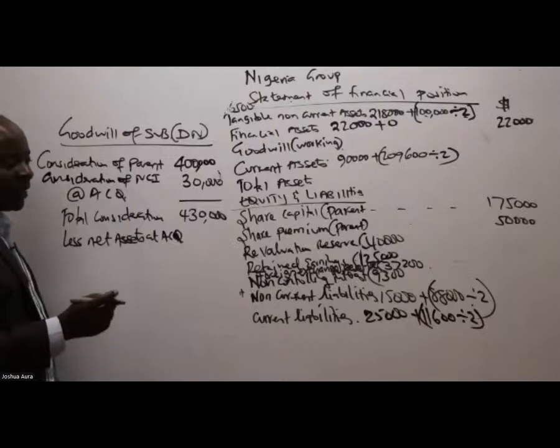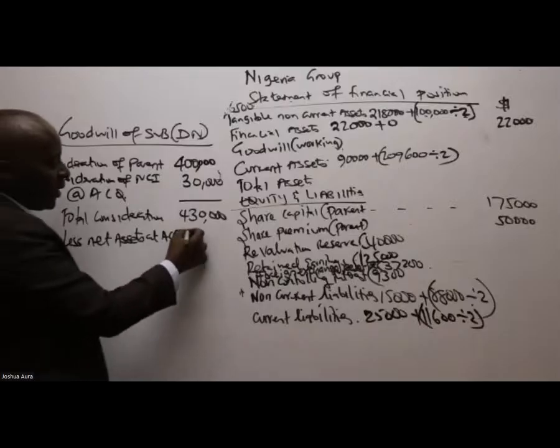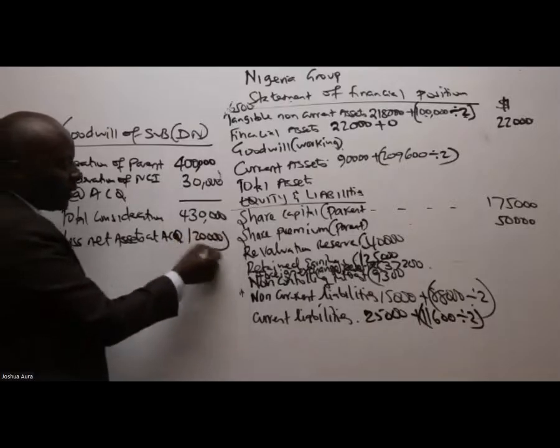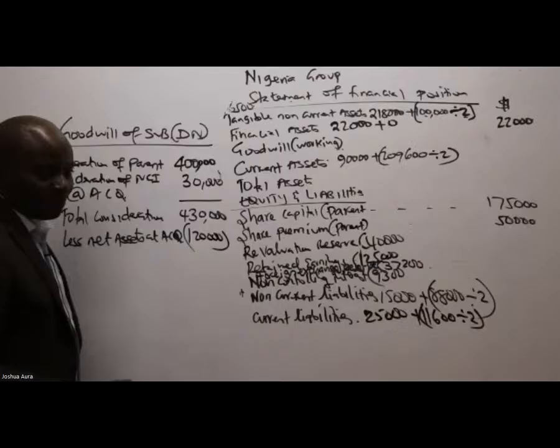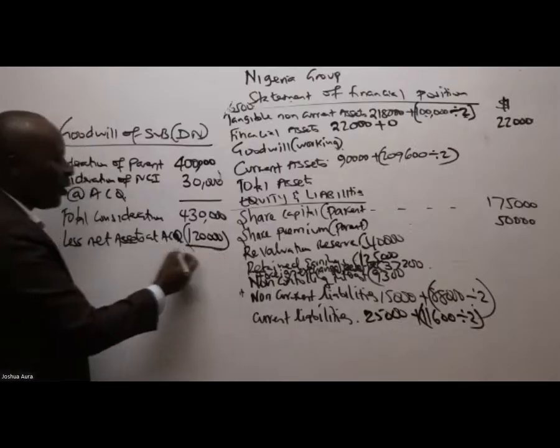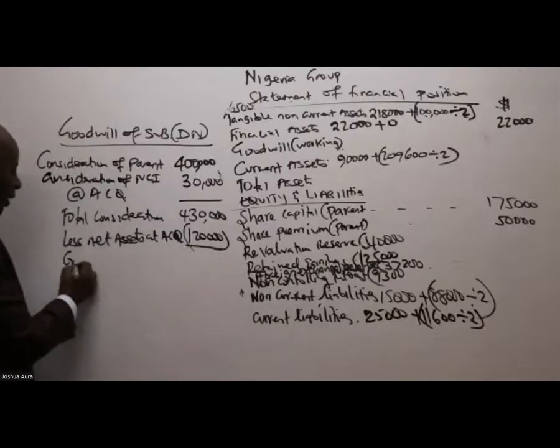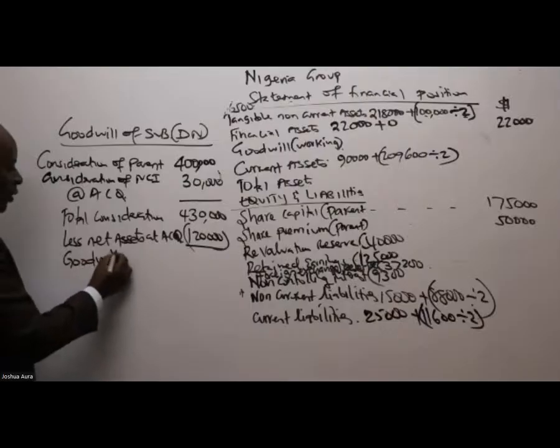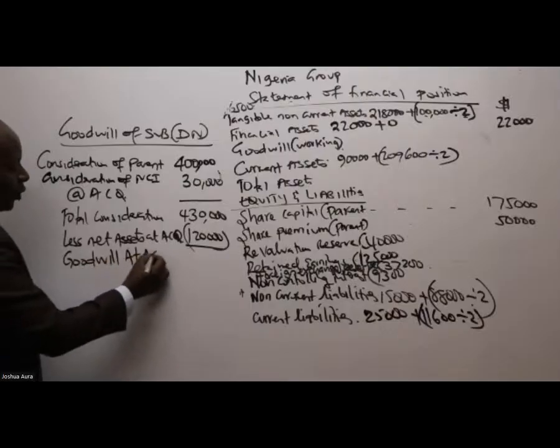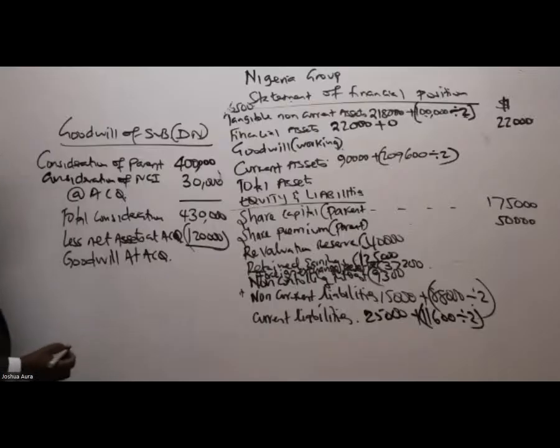You have that table up there. Is it 120,000? 120,000. So please subtract. Whatever you get is called goodwill at acquisition.